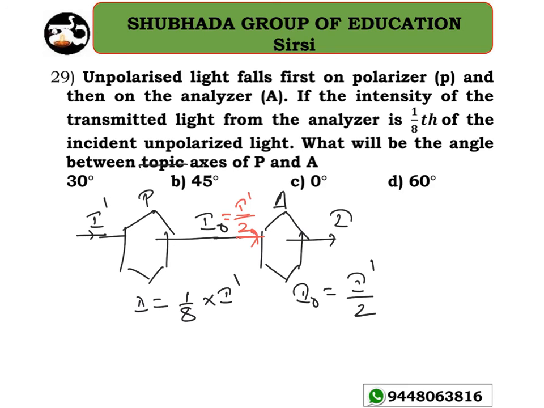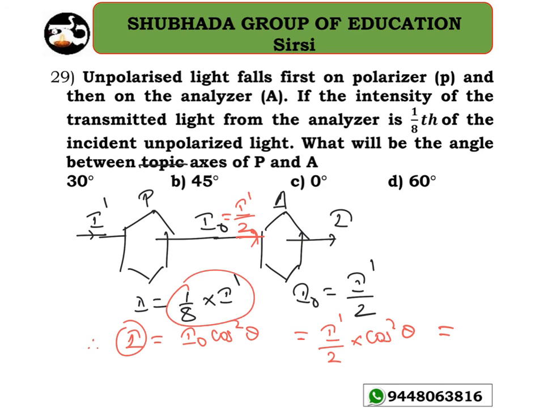So therefore I can say that I must be equal to I naught cos square theta, correct? I naught can be written as I dash divided by 2, so I dash divided by 2 into cos square theta is equivalent to I, which is 1 by 8 times I dash. I dash cancels, which gives 1 by 4.